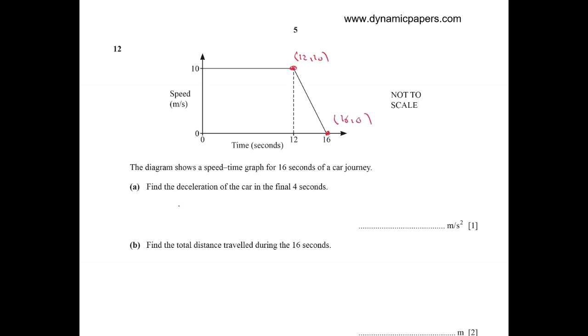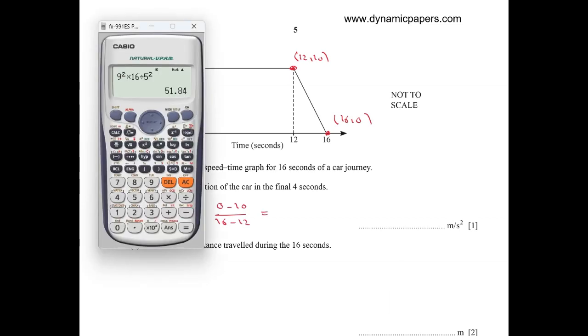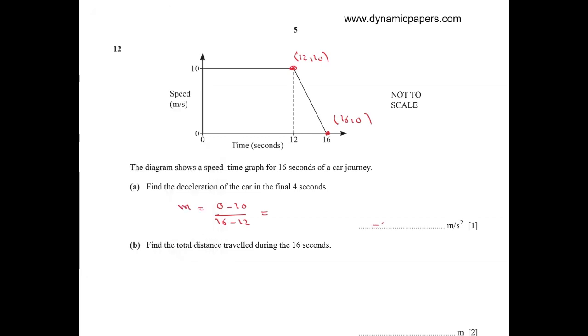Then the deceleration of the car, the gradient, equals 0 minus 10 over 16 minus 12, which is equal to negative 5 over 2, negative 2.5 meters per second squared.